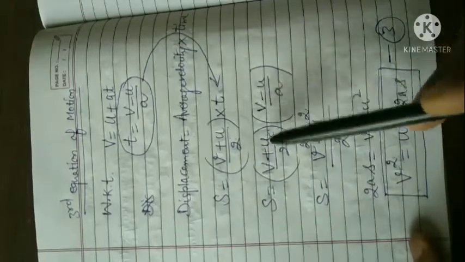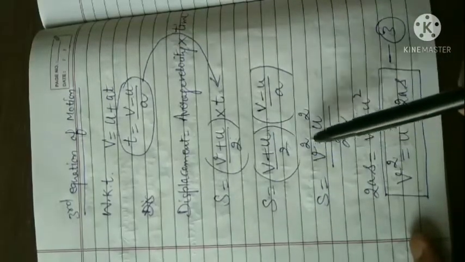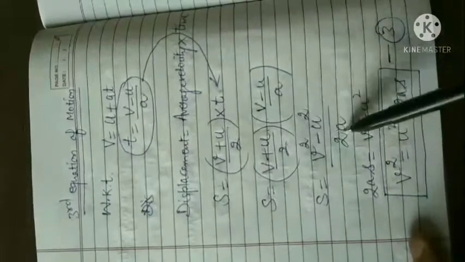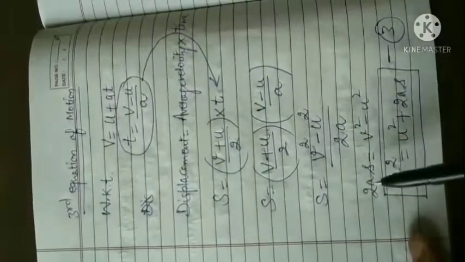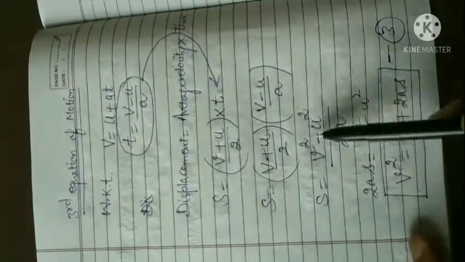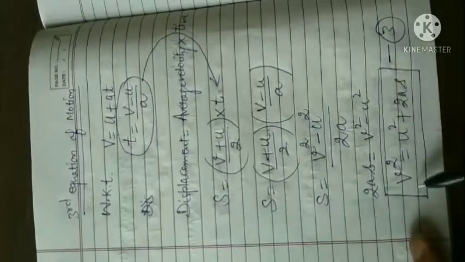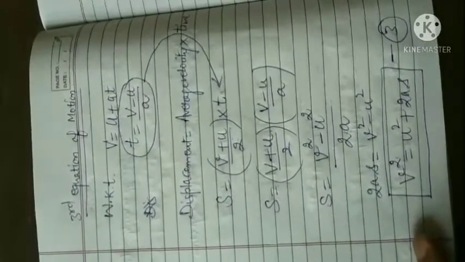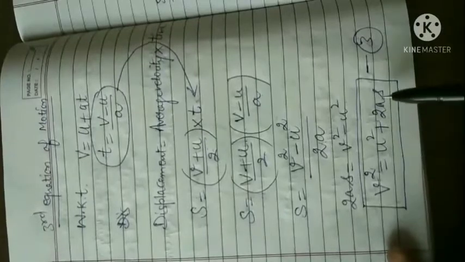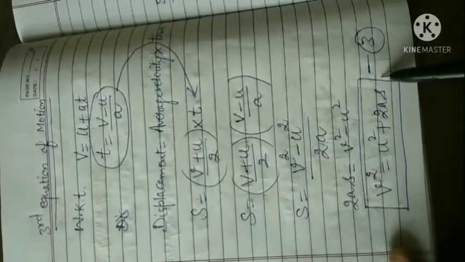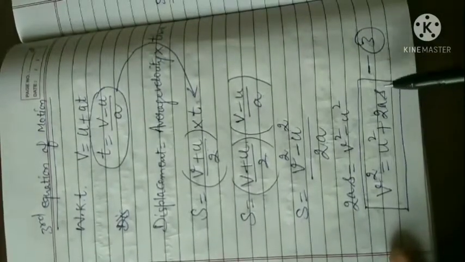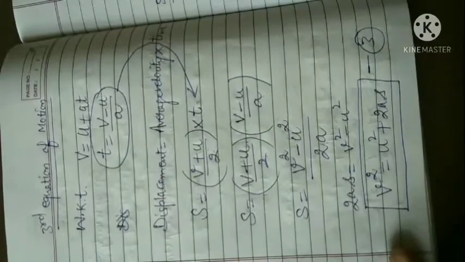Similarly, on the basis of that formula, we can write V square minus U square upon 2A. Cross multiply, you will get 2AS is equal to V square minus U square. So by rearranging, you will get V square is equal to U square plus 2AS. So this is the third equation of motion.